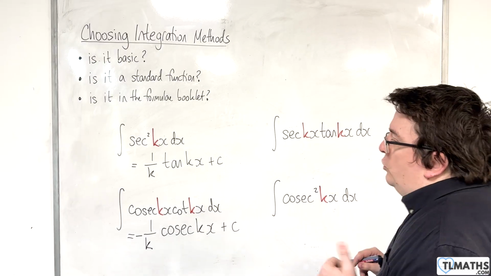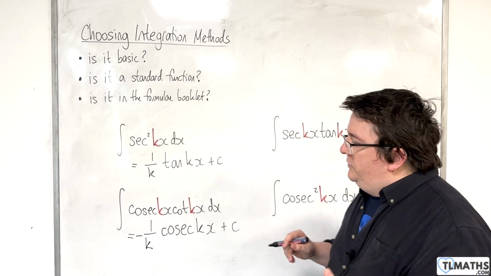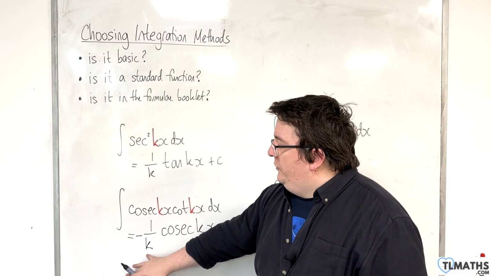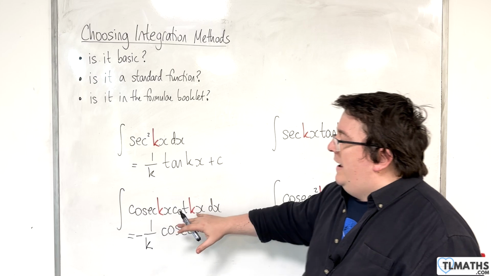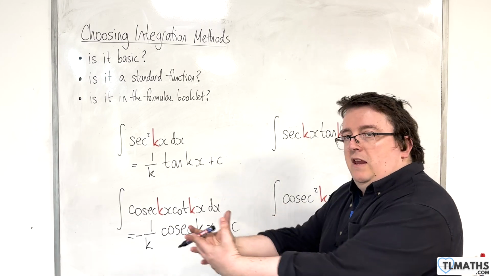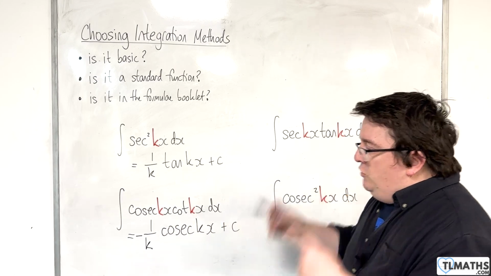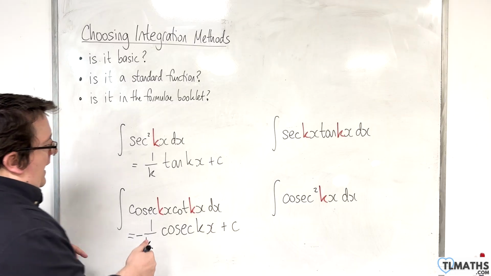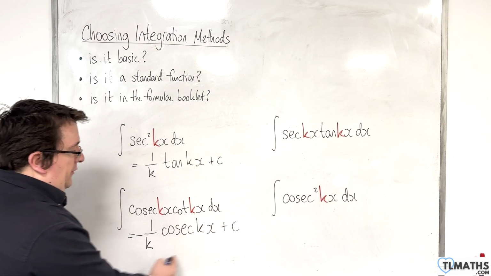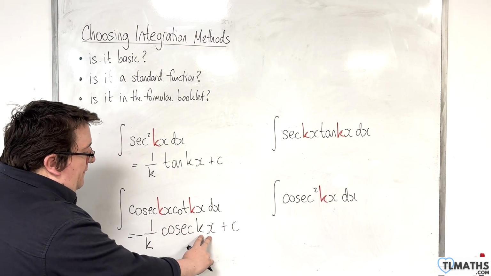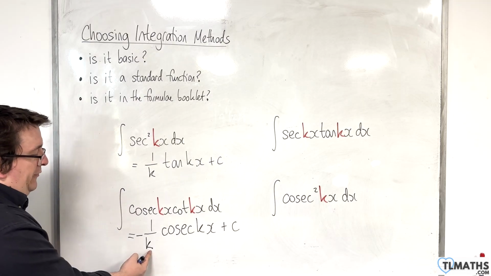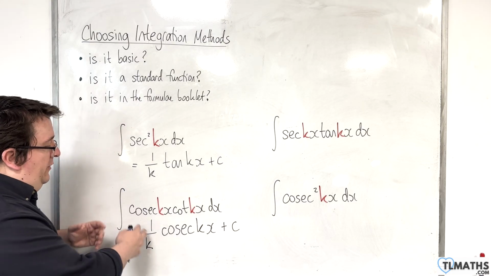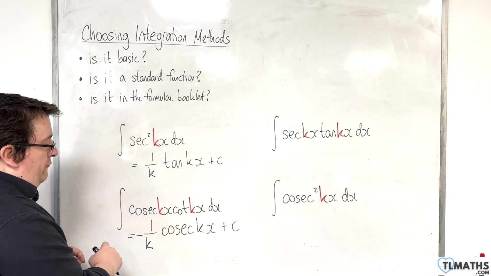Now, quite often people think that there should be minus 1 over k squared out the front here, because you've got the kx and the kx, and so they think there's going to be both coming out. But if you reverse the process and you differentiate this using the chain rule, the derivative of the inside comes outside, so that's k, comes outside and multiplies with a 1 over k, so you get minus 1 out the front.